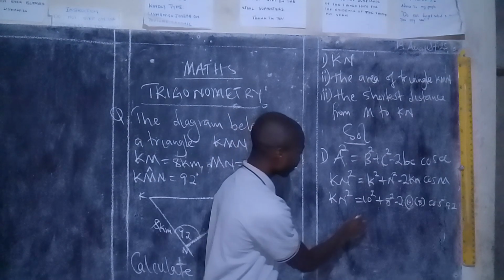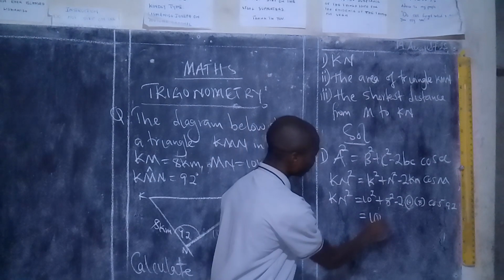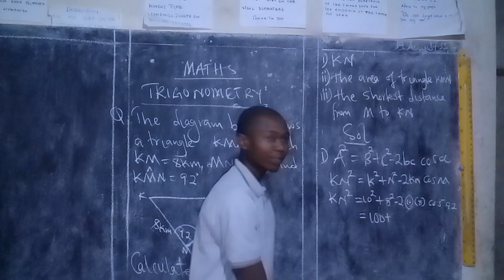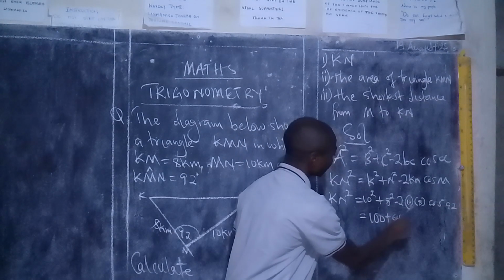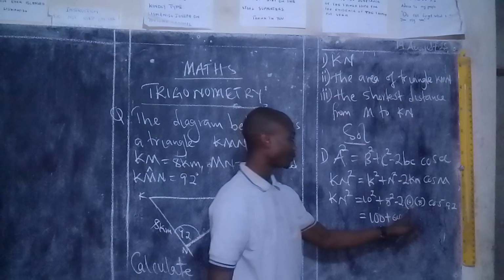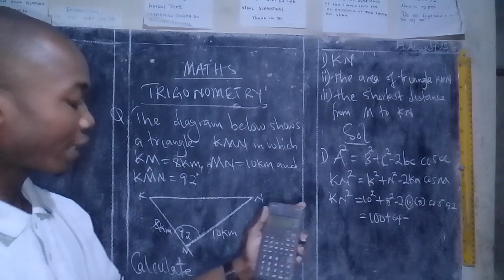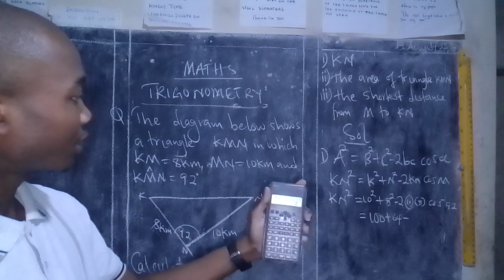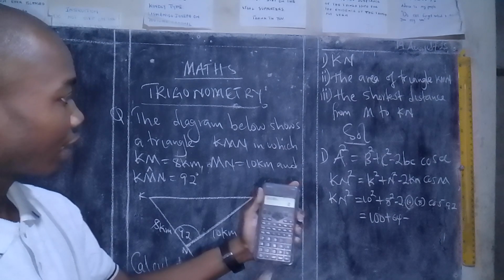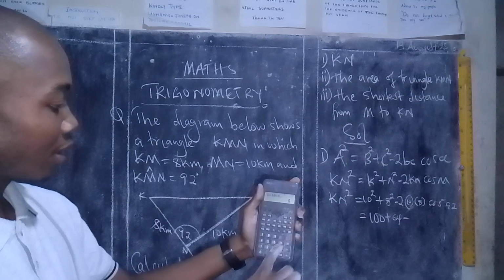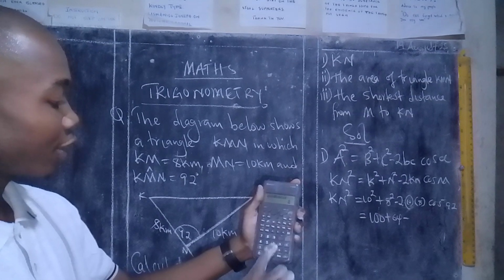Thereafter, you can punch everything into the calculator. 10 times 10 gives us 100 plus 8 times 8 gives us 64, minus 2 times 10 times 8 cos 92.